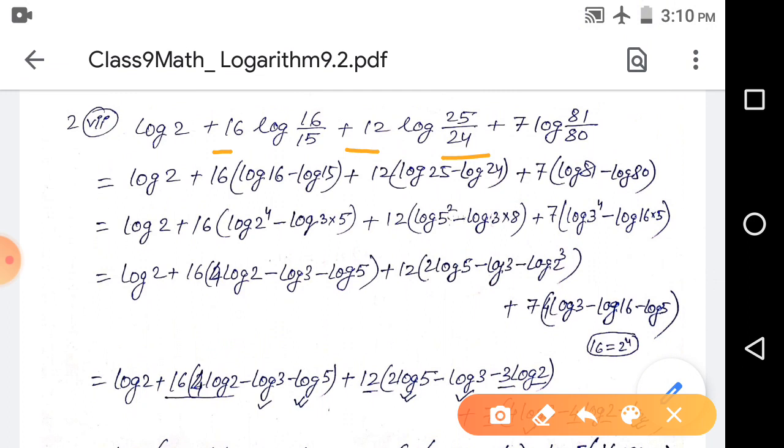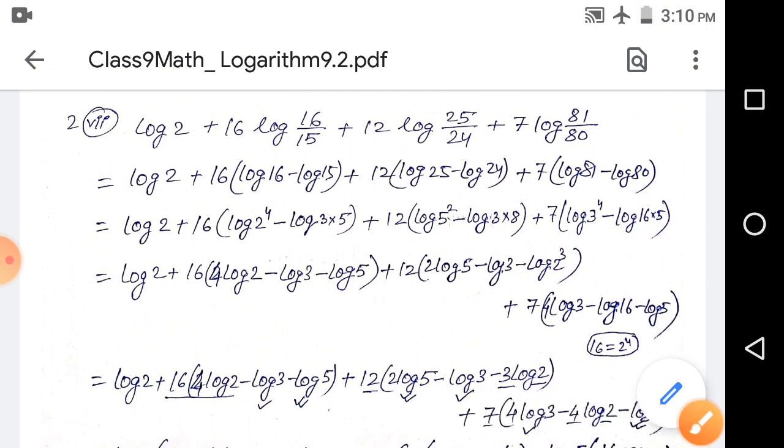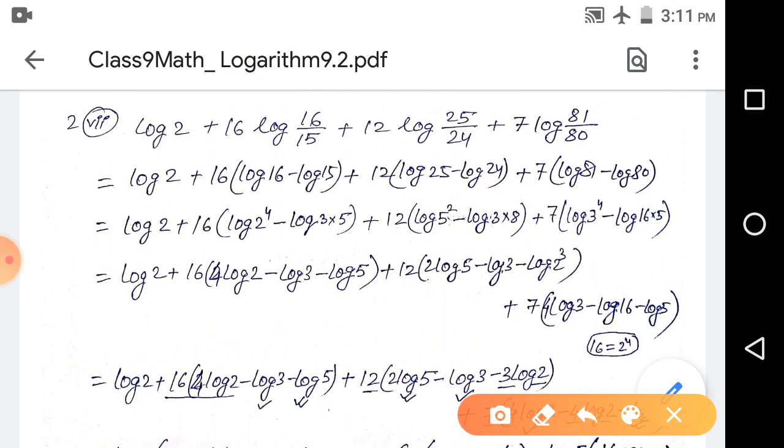See, first we are trying to get all the logarithmic terms as log 2 or log 3. That is the first idea we use to solve this one. So here we have log 2, so let it be. Now we have 16 log 16 by 15. So here we are taking this 16 as common, and this one becomes log 16 minus log 15.